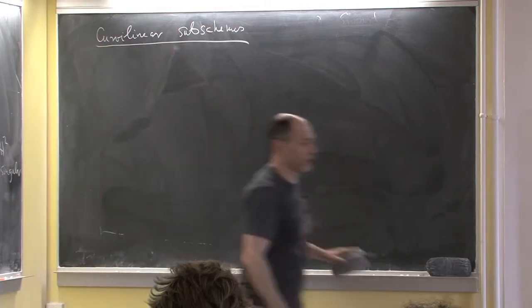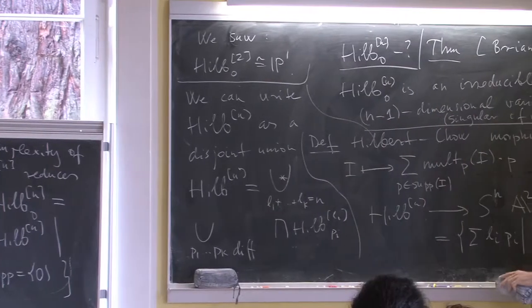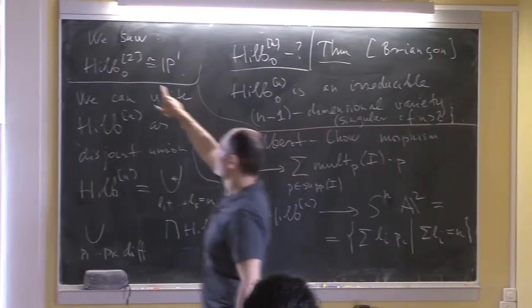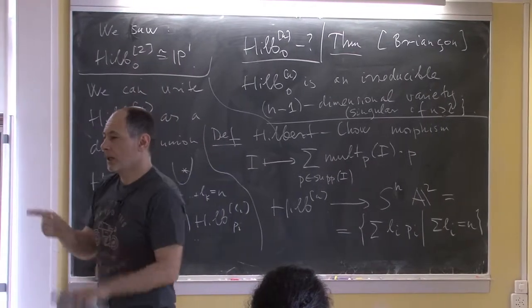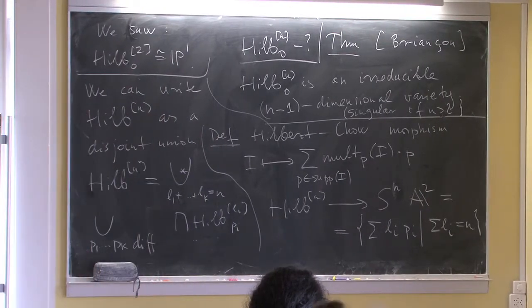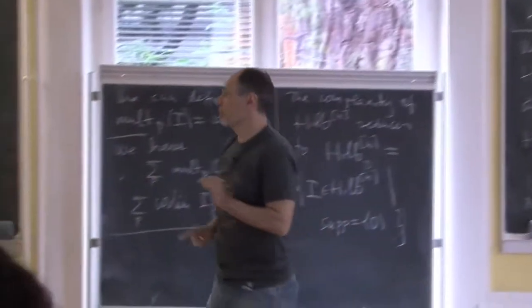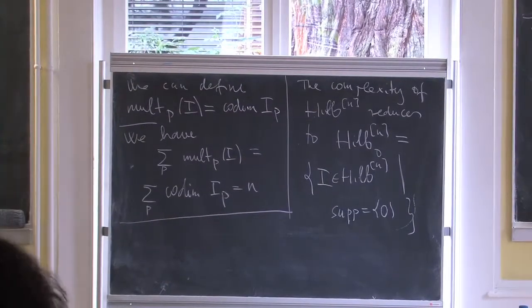I want to explain this n-1 dimensionality and just construct some elements here. This is really just an extension of what you saw before. Remember for Hilb 2, what you had was just a tangent vector in some direction, and that was your scheme. So you just need to generalize this.